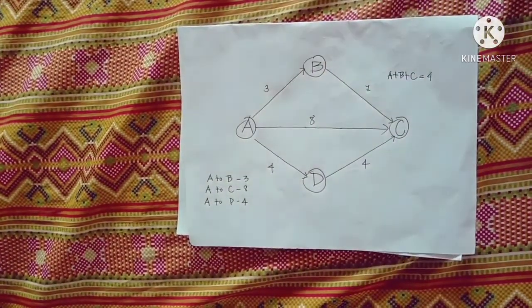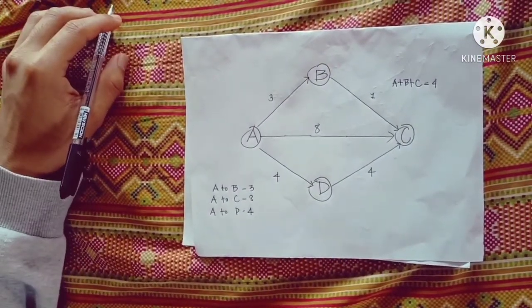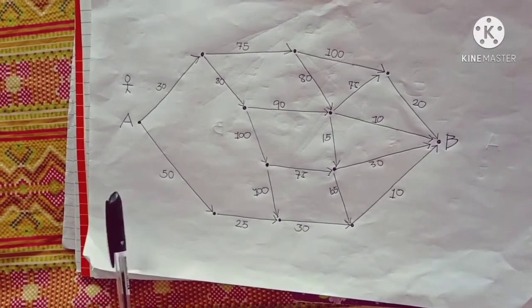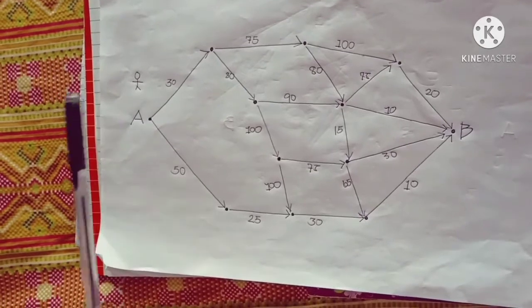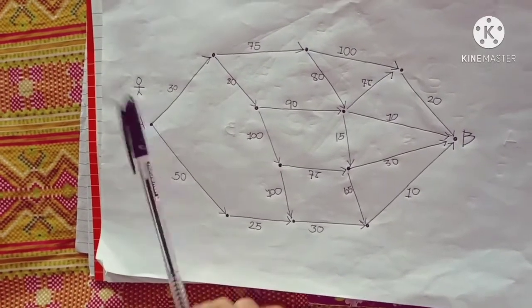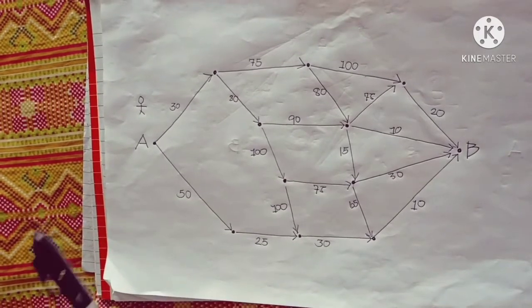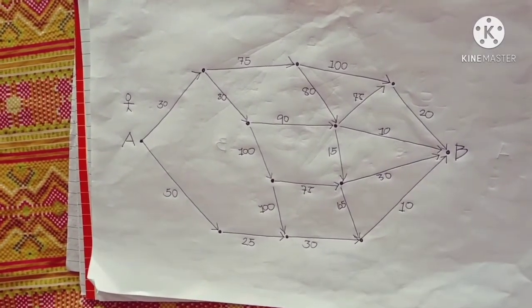But it doesn't happen every time that you choose a greedy algorithm and you get the best solution. For example, in this map, assume this is a kid and this kid wants to reach from A to B using a greedy algorithm.